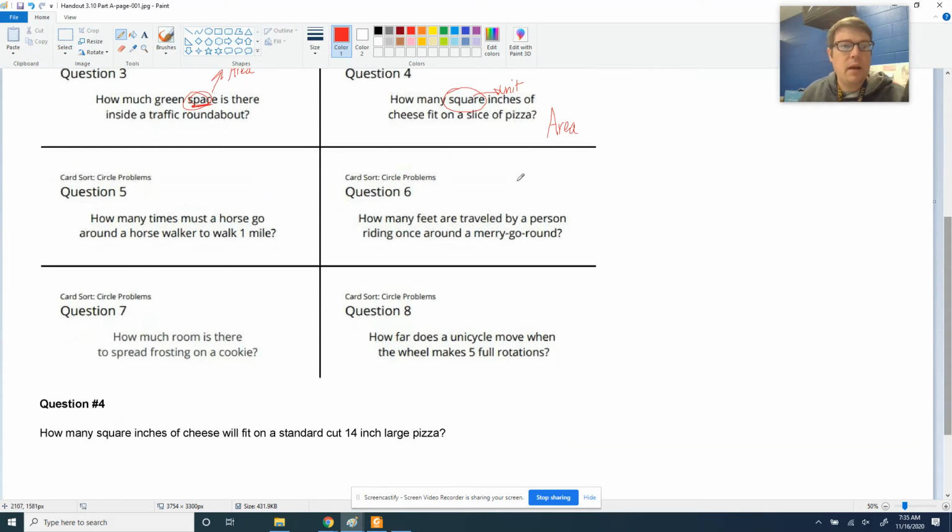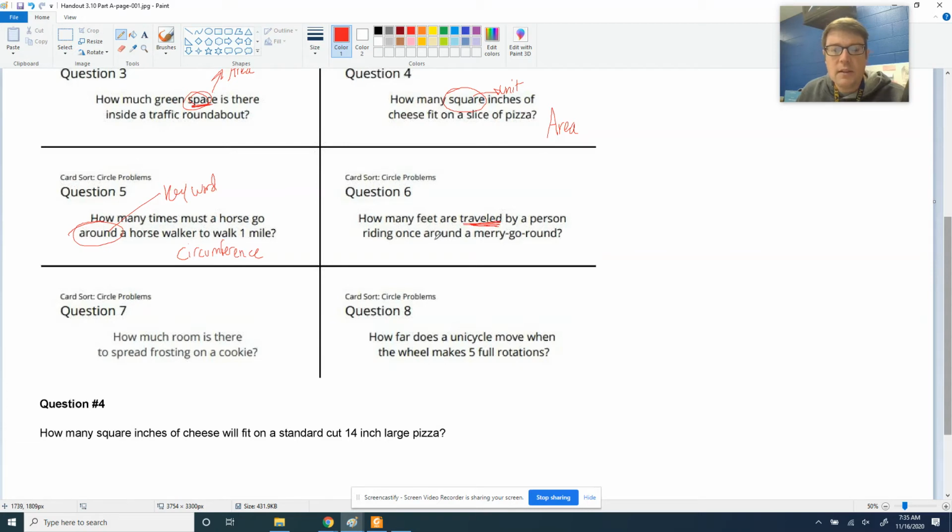Question number 5, how many times must a horse go around a horse walker to walk 1 mile? Keyword there being around, which is a dead giveaway. This is a circumference problem. Anytime you're going around the circle, that is the distance around it. Question 6, how many feet are traveled?